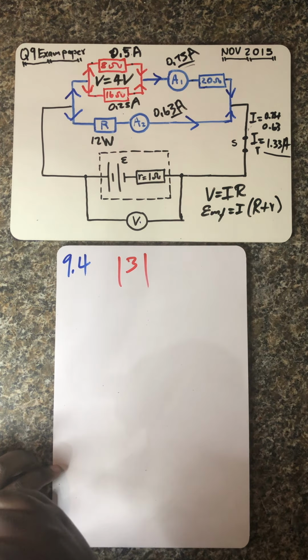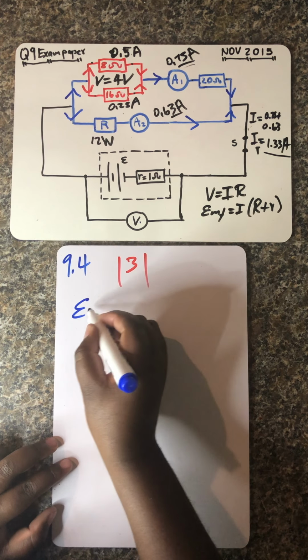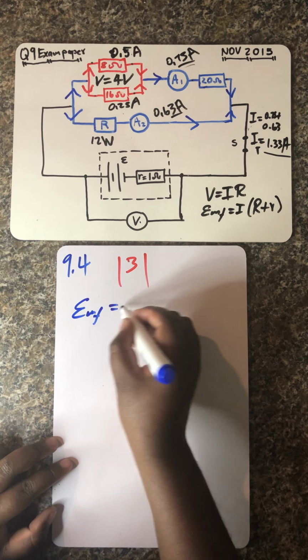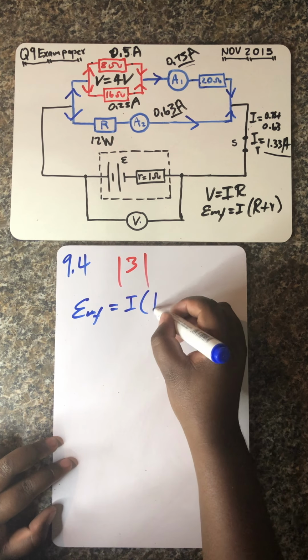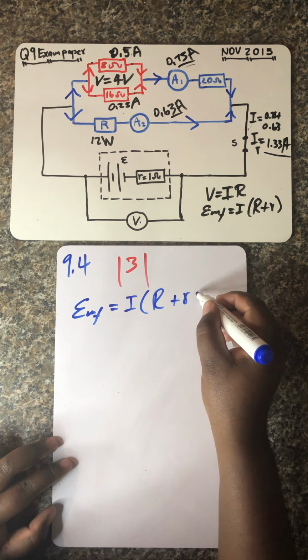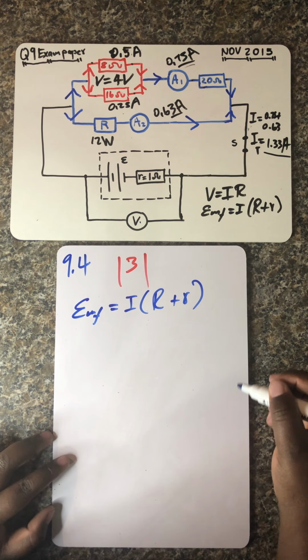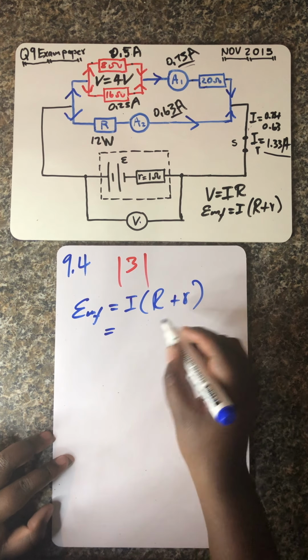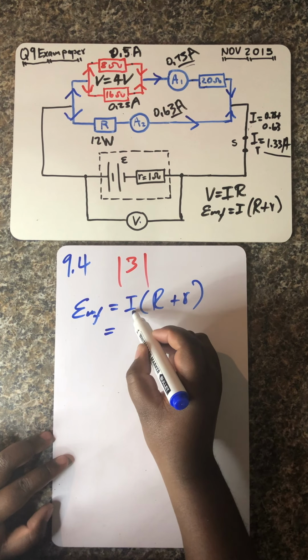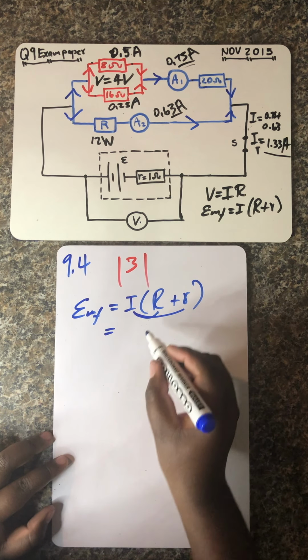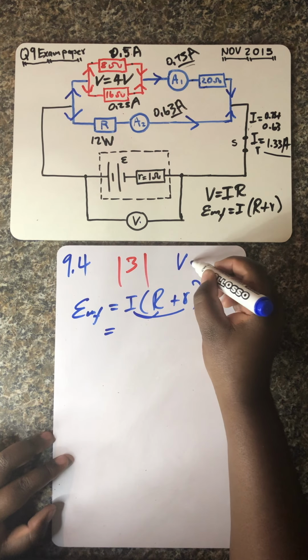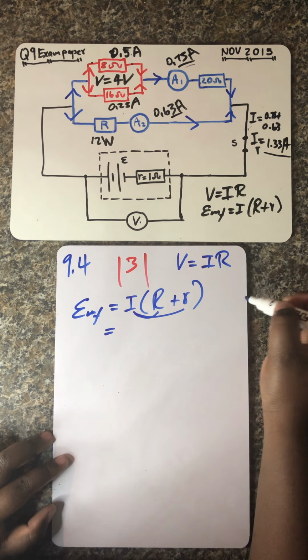that reading on V. Okay, so we know we've got EMF, which is equal to, we know the formula, I into capital R plus small r. Okay, so if we expand this formula guys, we know this is I times R, I times smaller r. We know V is equal to IR.